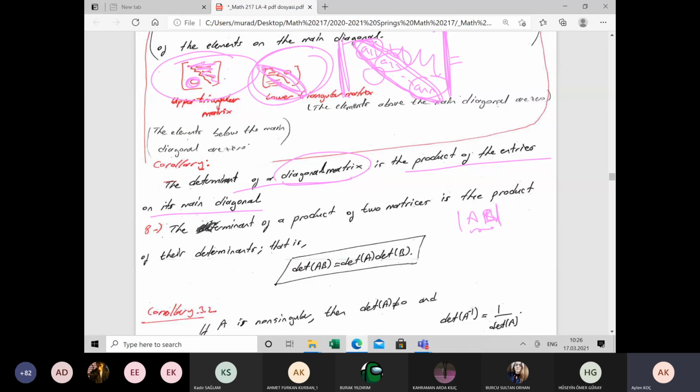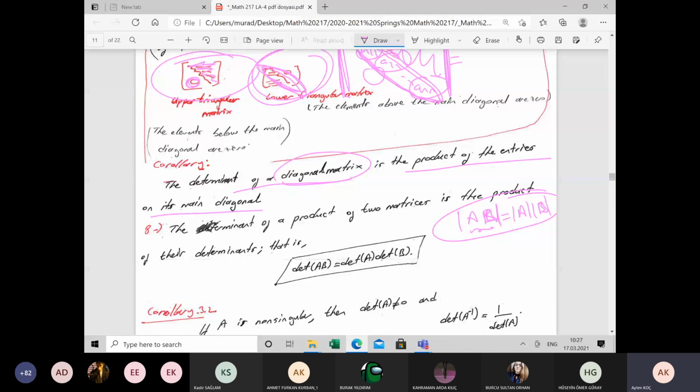So the question is, what is the determinant of this one? We claim that the determinant of the product is the product of the determinants. It's okay? Okay, let's stop here. Any question about the properties?